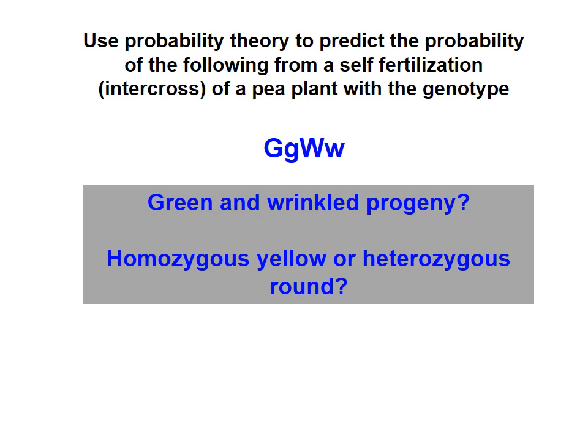Big G, right? Or, what's this other event? Heterozygous round, big W, little w. Okay. Whenever we see or, what do we do? Add, right. You guys are on it.